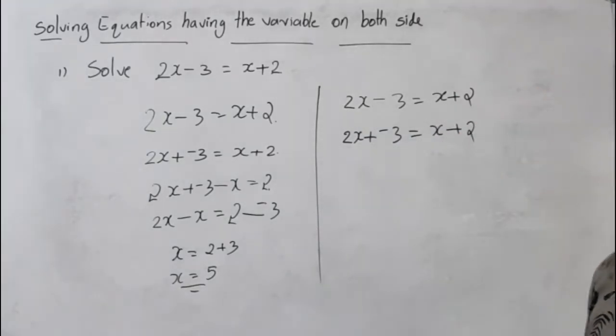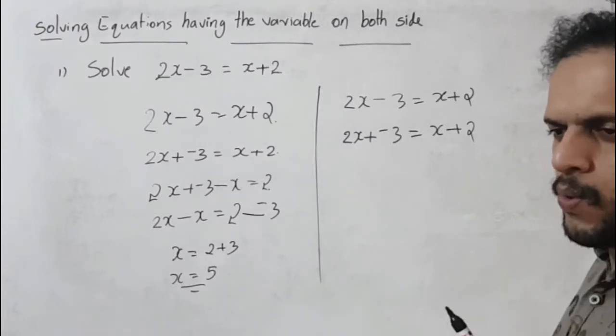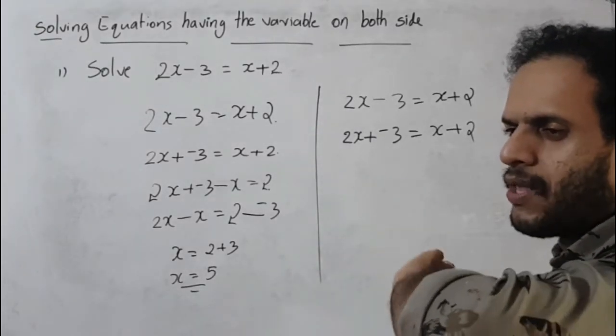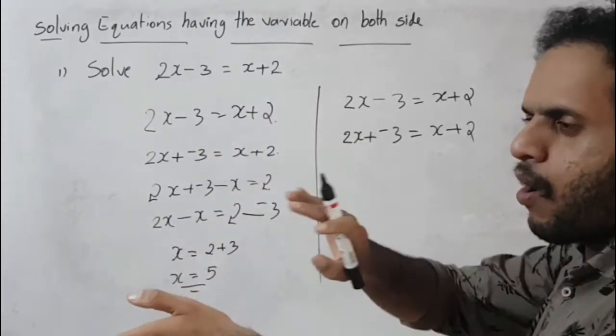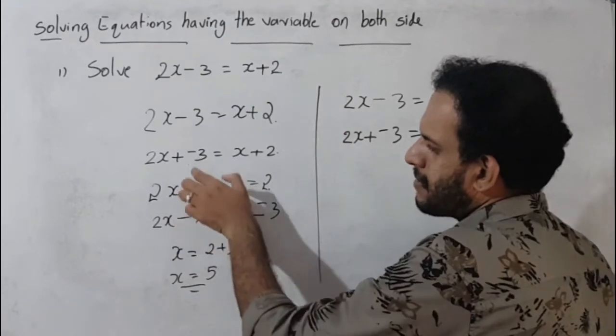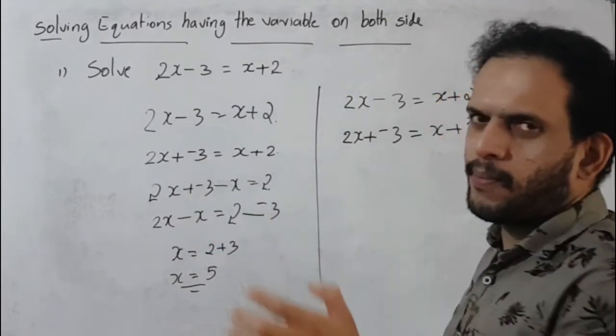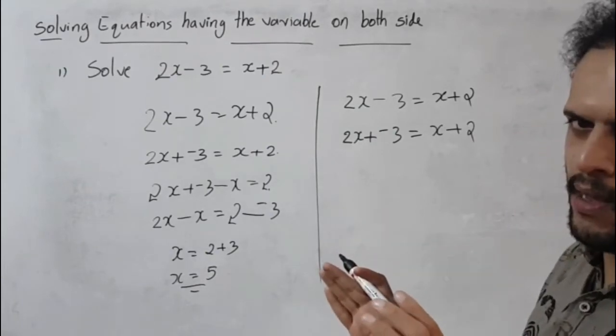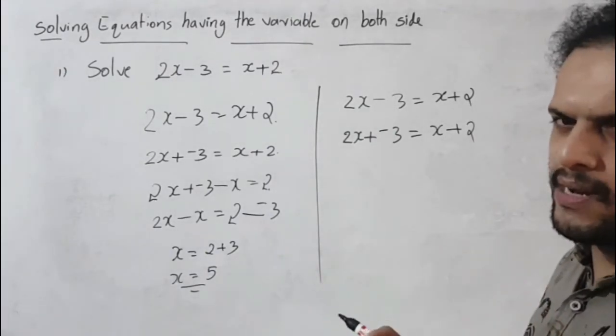Next step, we know that we need to take all the x, all the variables, to one side and all the numbers to one side. Here we did it as separate steps, correct? But here we are doing everything in one step. Okay, it will reduce the number of steps.